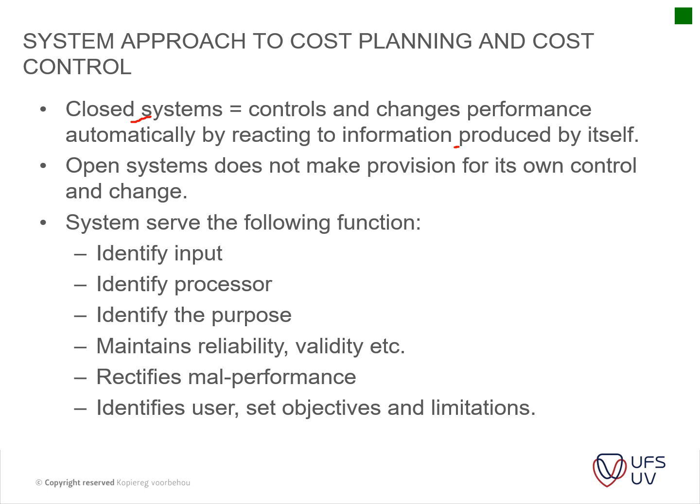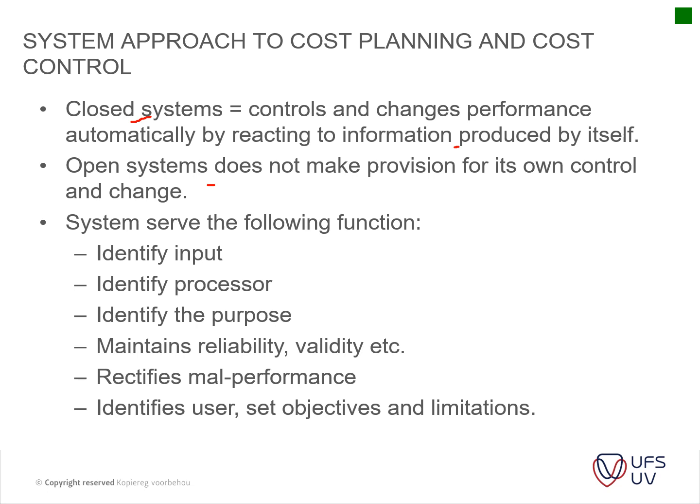Whereas an open system doesn't make provision for its own control. So usually when you start doing your cost estimation or planning in phase 3, it means that no proper cost information was generated in the first 2 phases, and then you basically start with an open, blank way of looking at items.